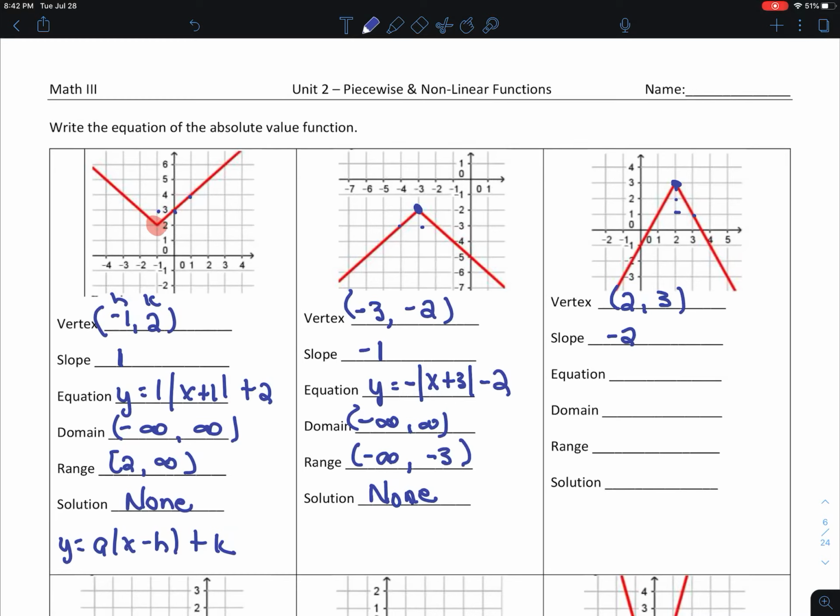I know it's negative because the function is reflected over the x-axis. So my equation is y is equal to -2, absolute value, x minus 2. I'm sorry, it's x minus h, so it's x minus 2. Sorry about that.